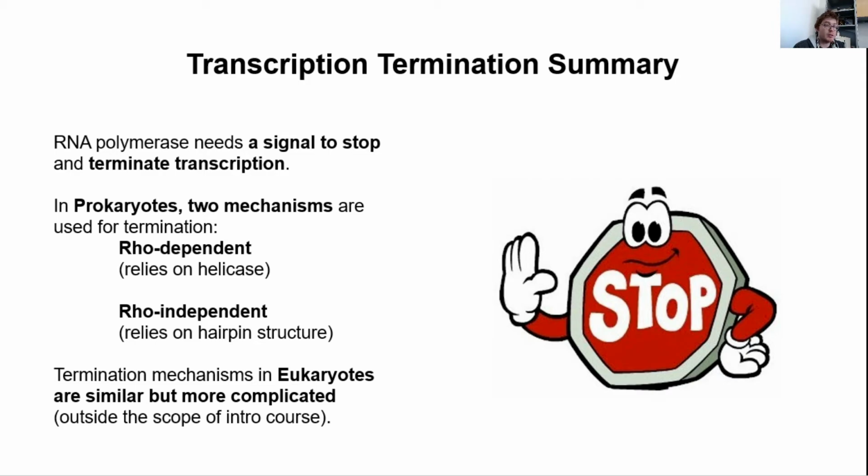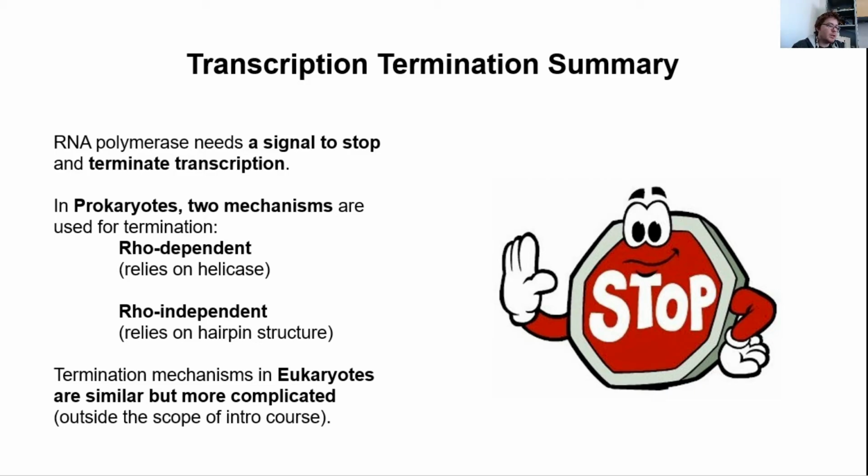We talked about the Rho-dependent mechanism, in which we make use of a helicase called Rho, which after the RNA polymerase transcribes through some stretch, a binding site for Rho is produced on the RNA. It can assemble there, and then that helicase activity can essentially unwind and peel the RNA off from the RNA polymerase transcription bubble to stop transcription.